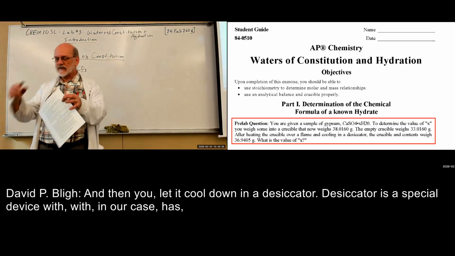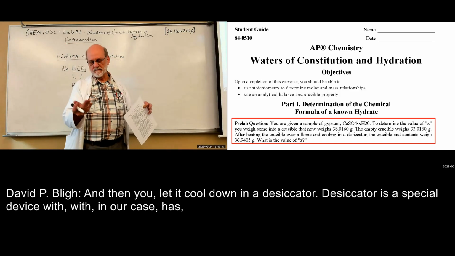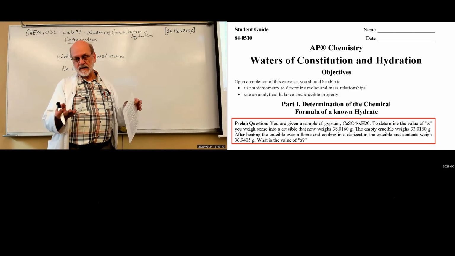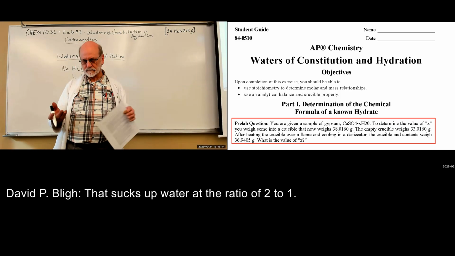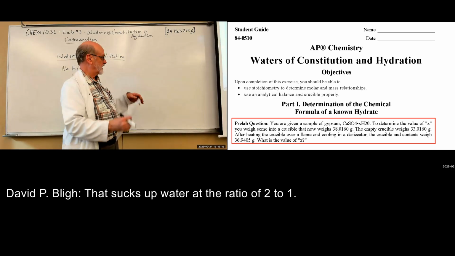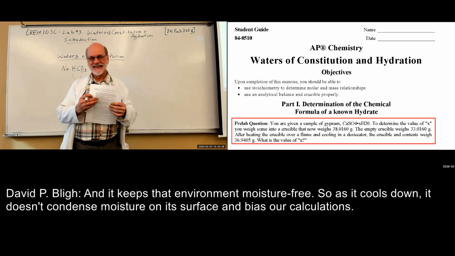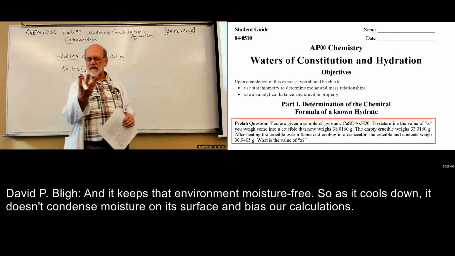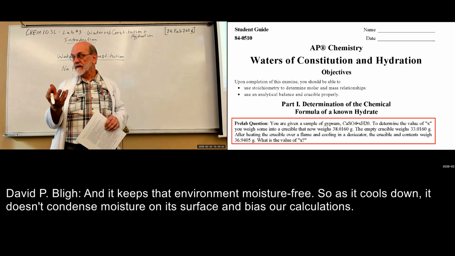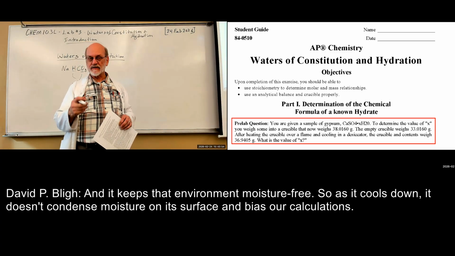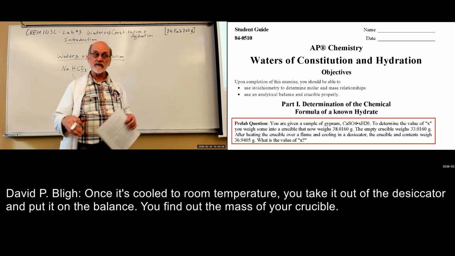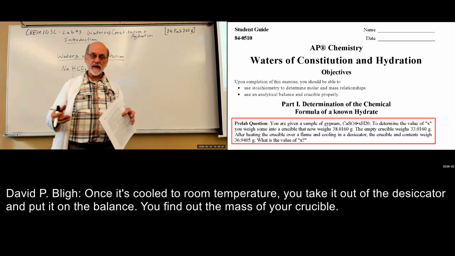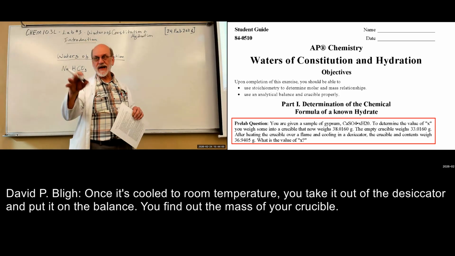A desiccator is a special device that, in our case, has anhydrous calcium sulfate in the bottom that sucks up water at the ratio of 2 to 1. And it keeps that environment moisture free. So as it cools down, it doesn't condense moisture on its surface and bias our calculations. Once it's cooled to room temperature, you take it out of the desiccator and put it on the balance.